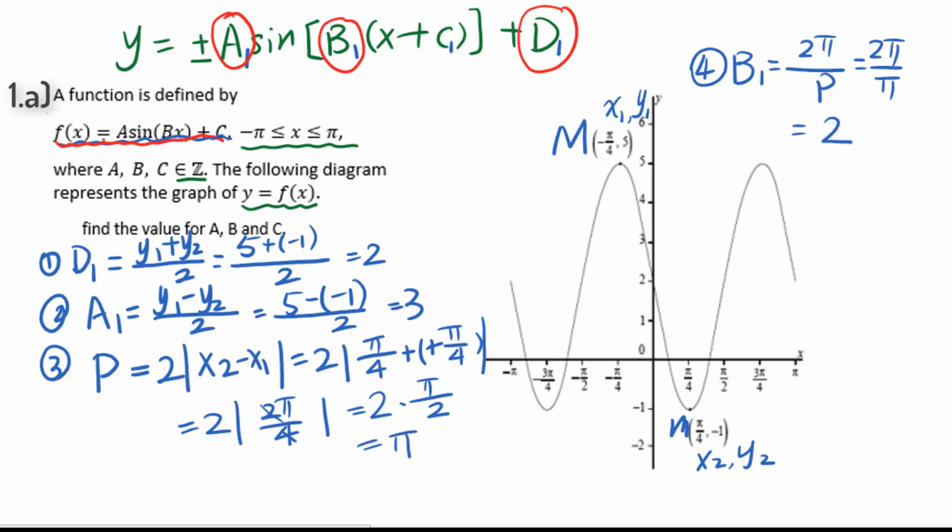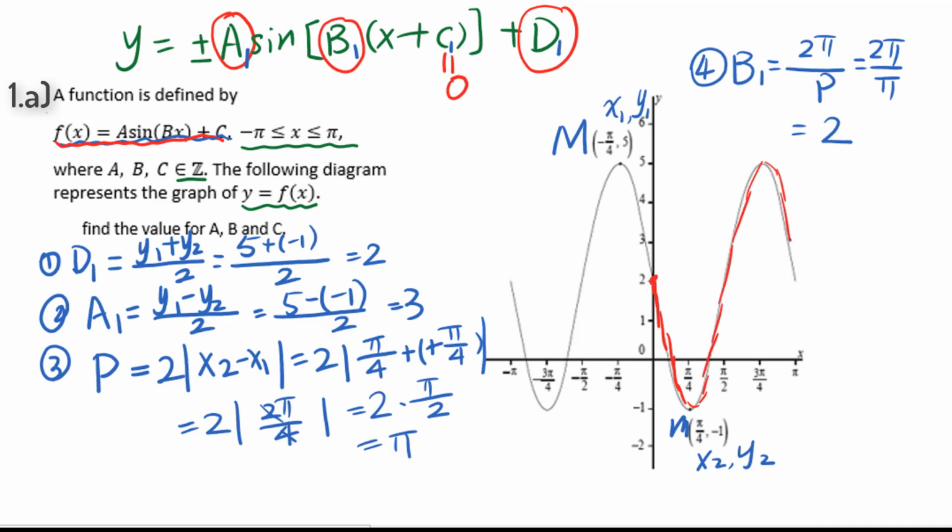This is f of x equals a sine bx plus c. There is no horizontal translation, which means c1 equals 0. If c1 equals 0, the graph starts from the y-axis. Therefore, from the y-axis, we will draw this pattern.